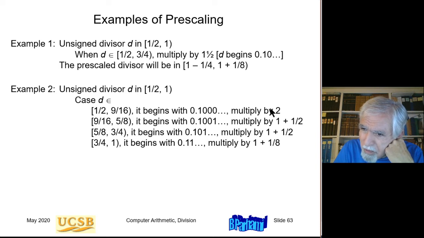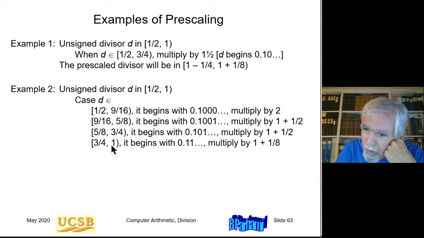For 9/16 to 5/8, which is when the divisor begins with 0.1001, I multiply by 1.5. For 5/8 to 3/4, I multiply by 1.5 again.